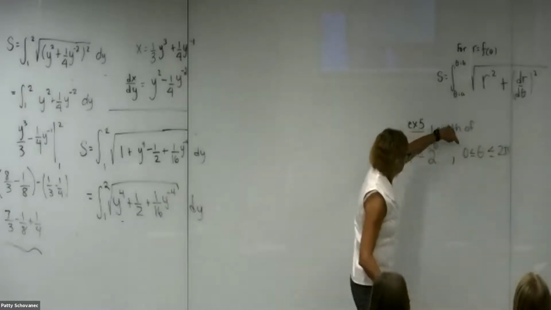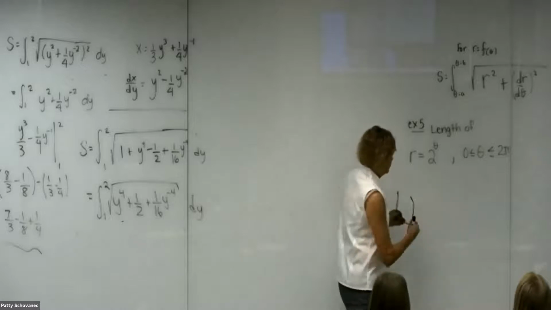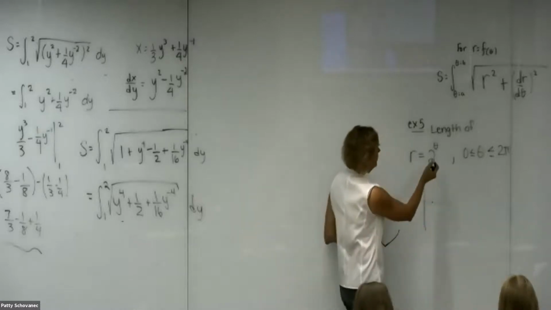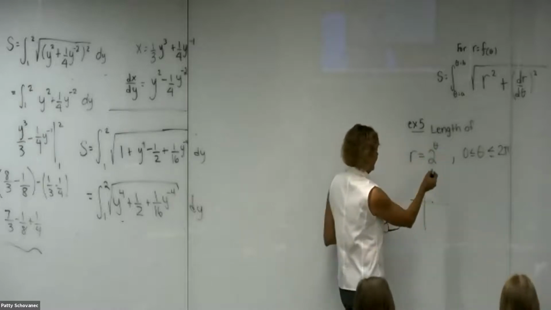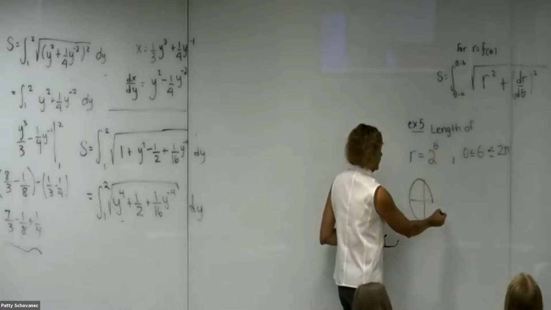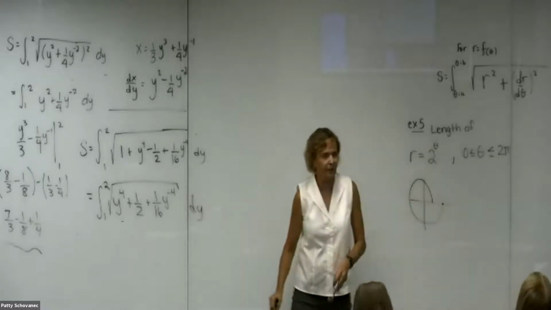So it starts out at 2 to the 0, which is 1. And then 2 to the pi halves is 1-ish. Then we're going to get bigger and bigger as we go around. It's going to be some version of this, 2 to the 2 pi, something like that. So we're going to find the length around that.